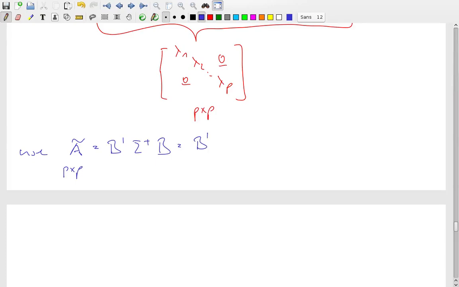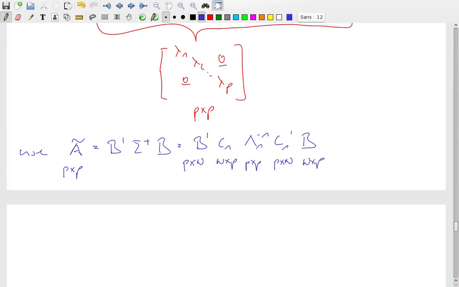So I have B prime C1 lambda 1 to the minus 1 C1 prime B, and we can take a look at the dimensions of the matrices which are involved here. So that would be P by N, that's N by P, that's a P by P matrix, that's a P by N matrix, that's an N by P matrix.